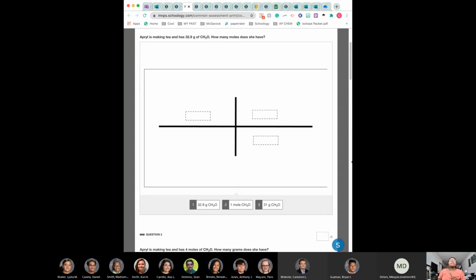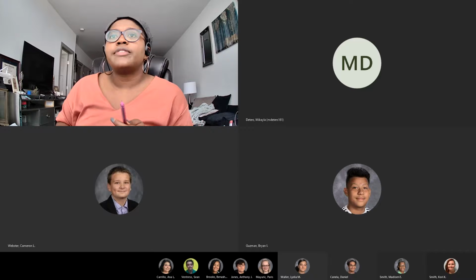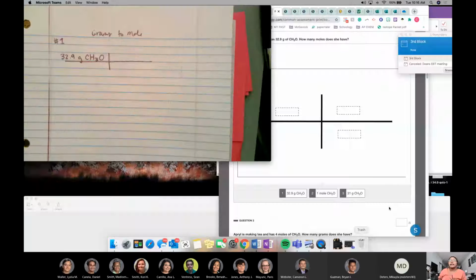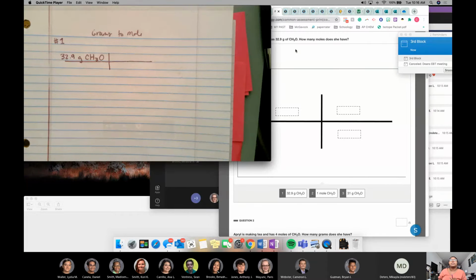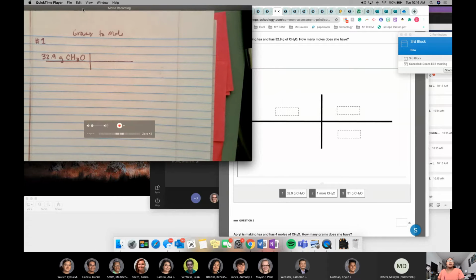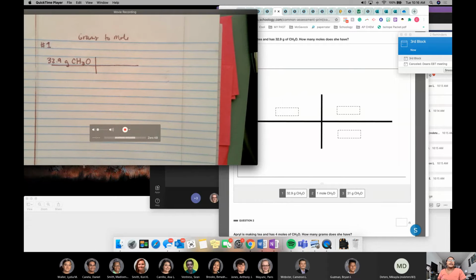Now, my main rule is that if I start with a certain amount of units on top, then I have to have that unit in the basement, next door. So if I have grams of CH3O up top, what do I have to have next door?